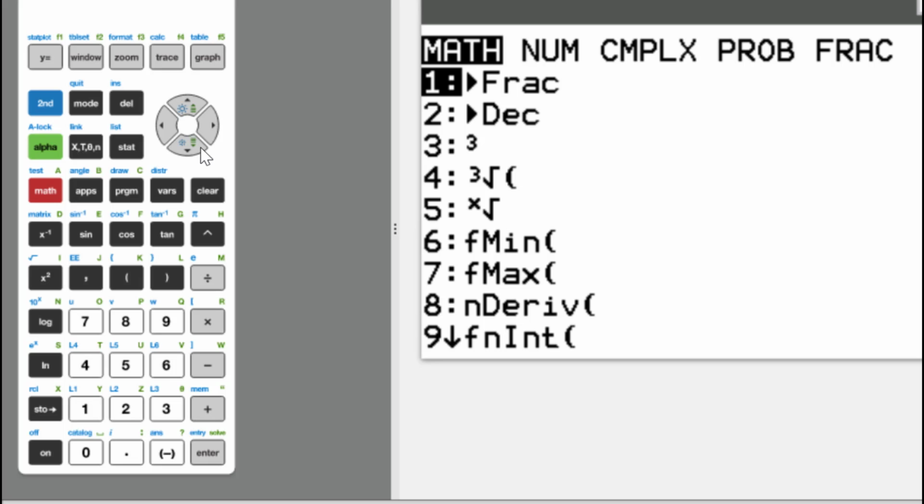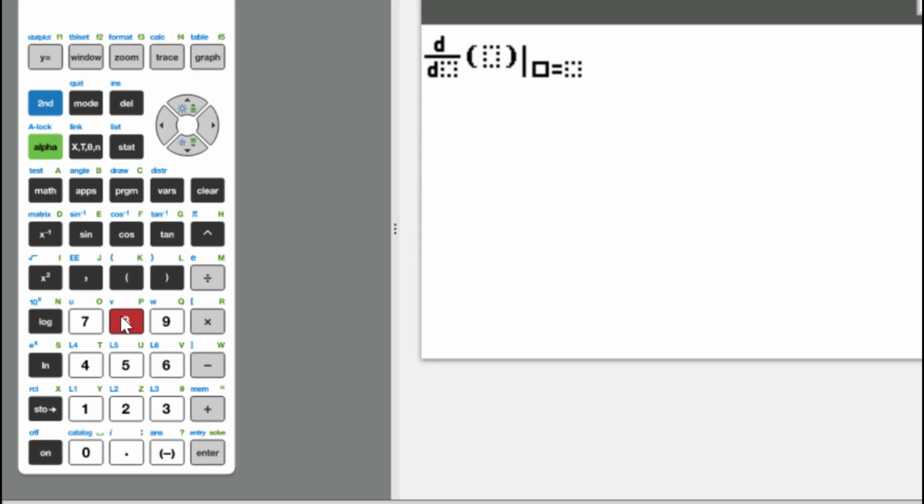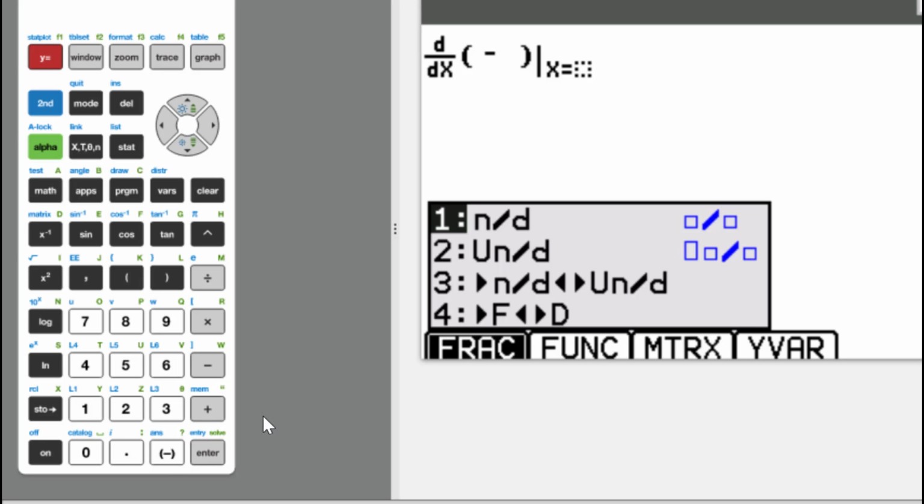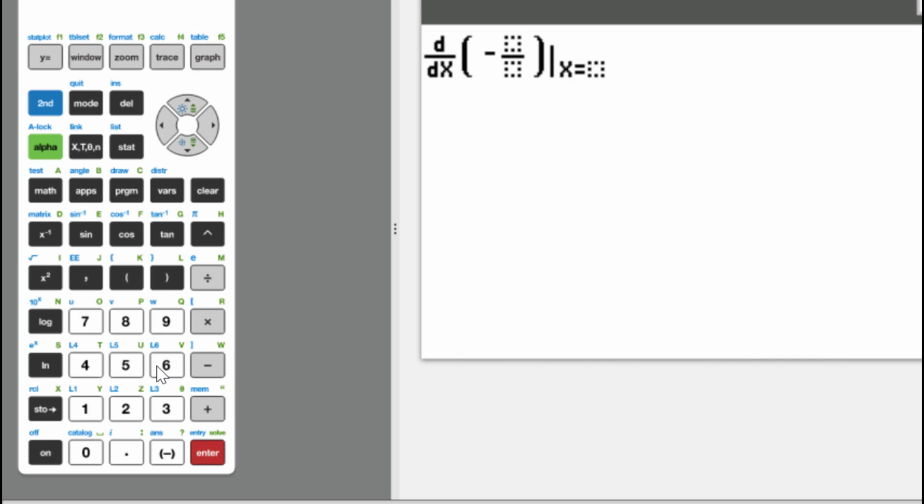Again, math, number 8, d/dx, and this time we have a fraction, so we bring up our fraction bar. On top we have 3, on the bottom we have x minus 1, and here we want the derivative when x is equal to 3.